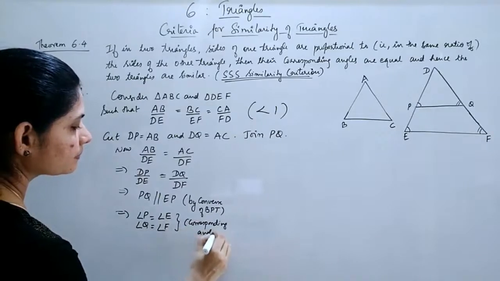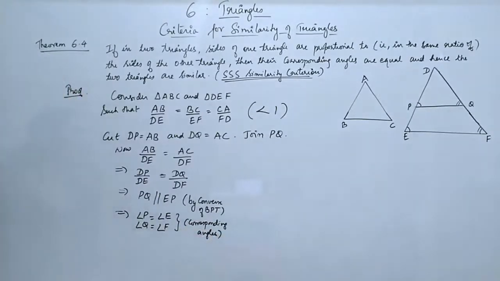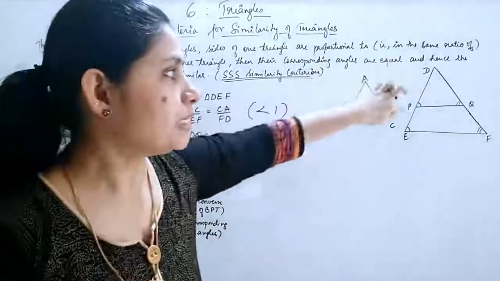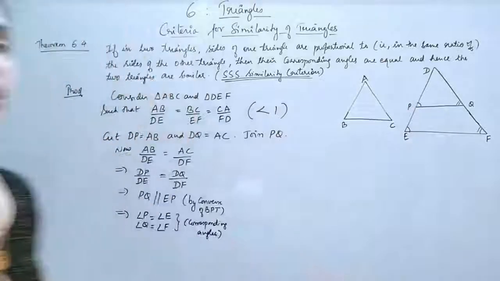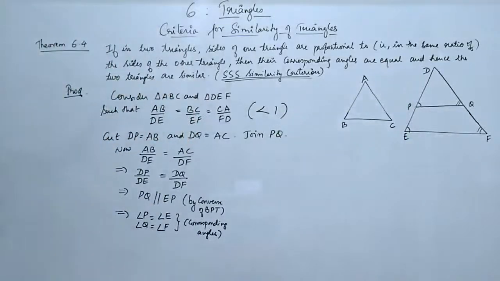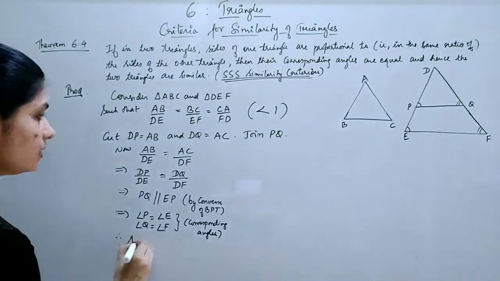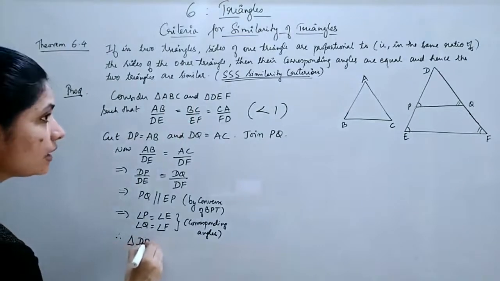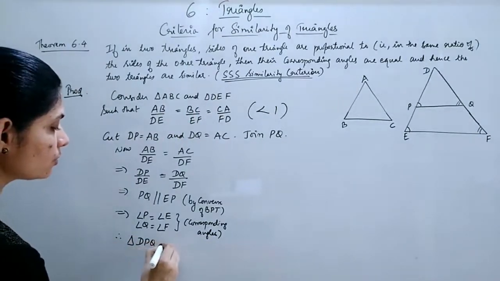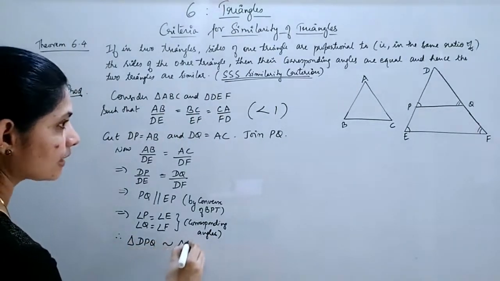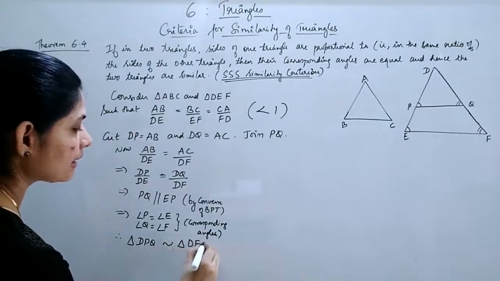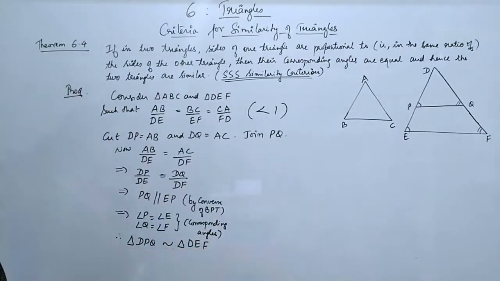Now since these two pairs are equal, you can say that triangle DPQ and DEF are similar. Therefore triangle DPQ is similar to triangle DEF. And what is the reason behind it?